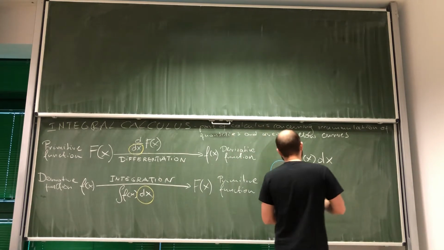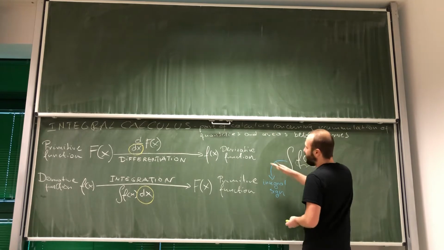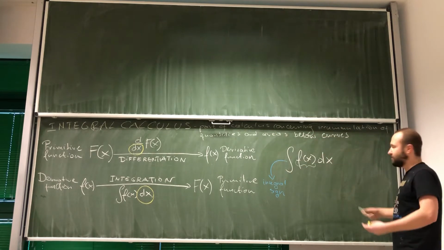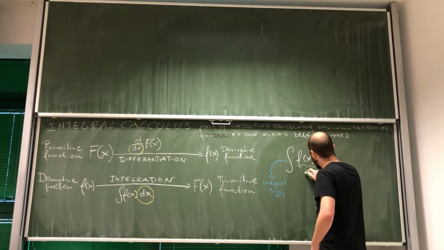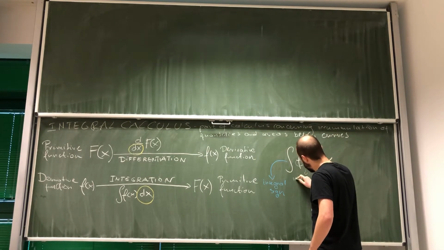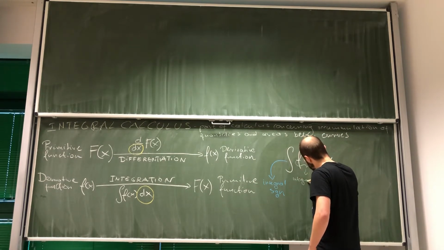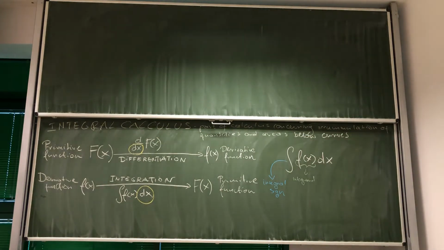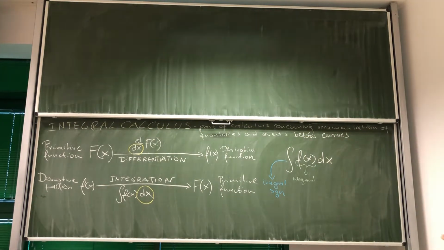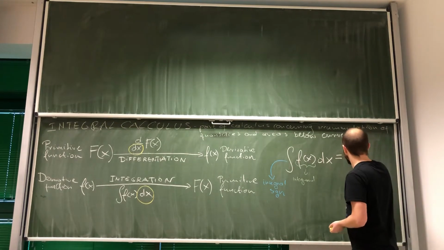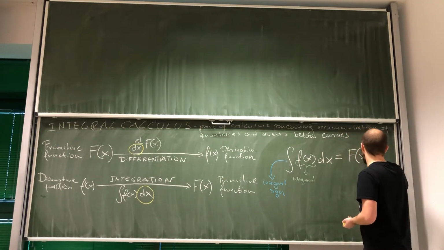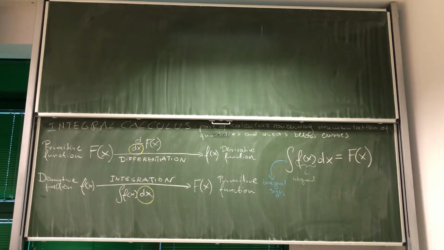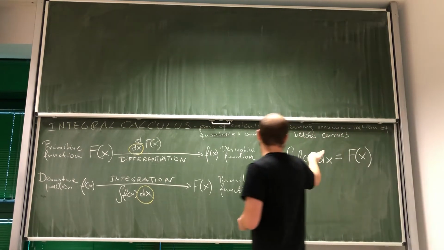This part, this function over here, our derivative function, is called the integrand. And what we're going to obtain out of this is a function F of x.